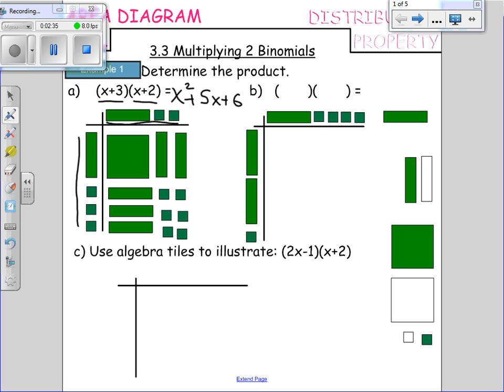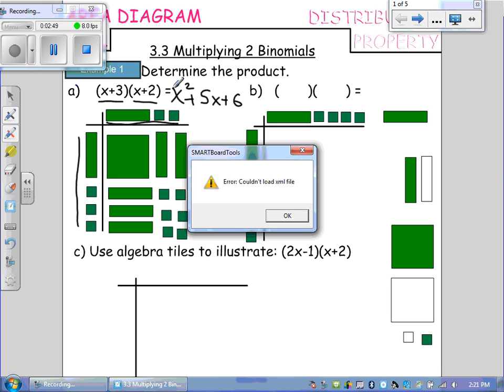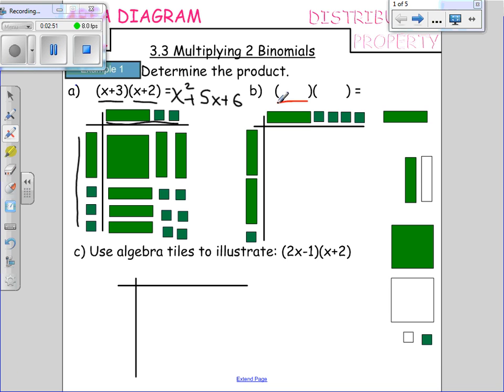Okay, I see. We have to fill in the brackets this time, right, Murph? So, you fill in the first brackets. What is it?